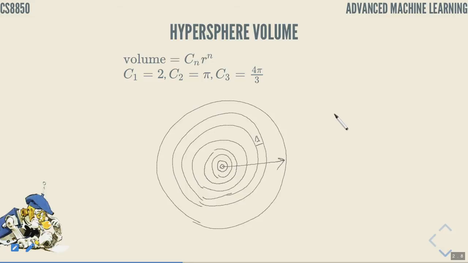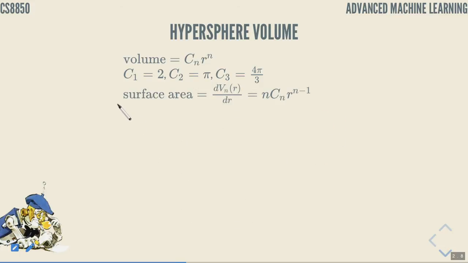The area of the sphere is nothing but the derivative of the volume by dr. So if our surface area is the derivative of the volume, look at that, we know this constant is independent of r, but we differentiate with respect to r, with the simple rule n times c sub n r to the power n minus 1. This is our surface area.